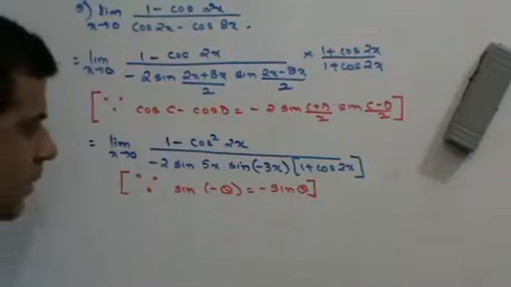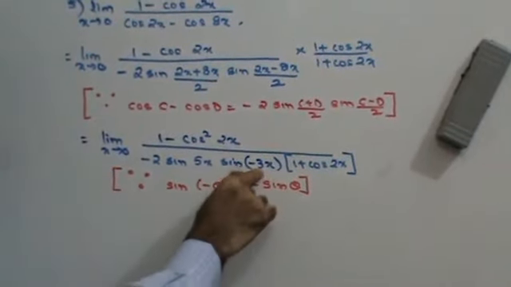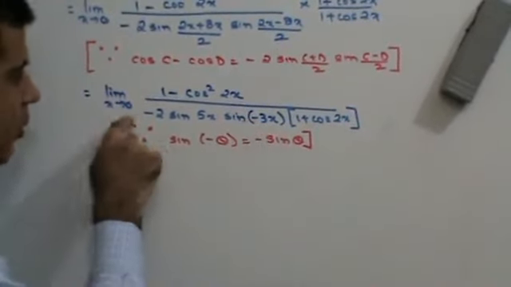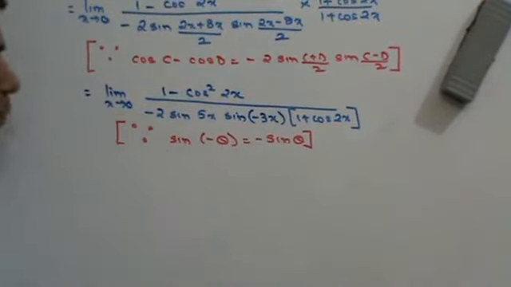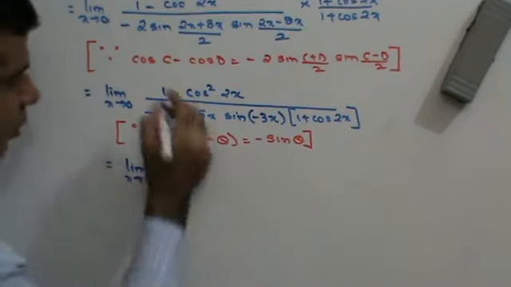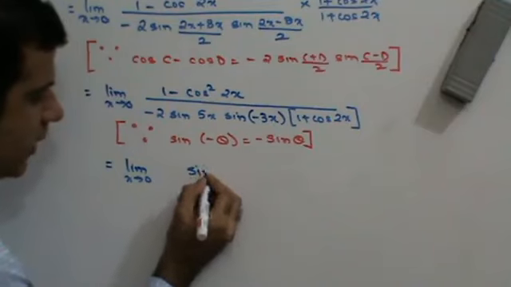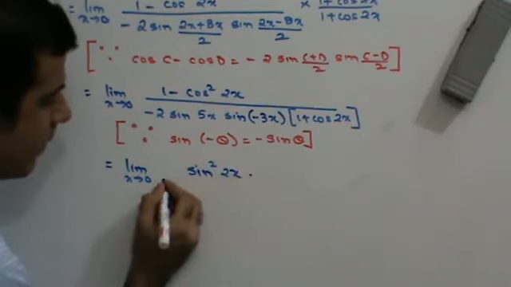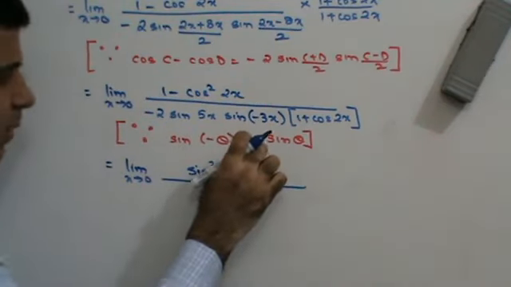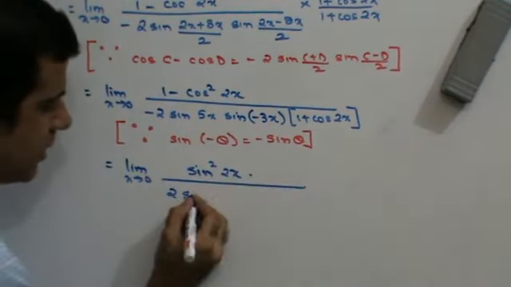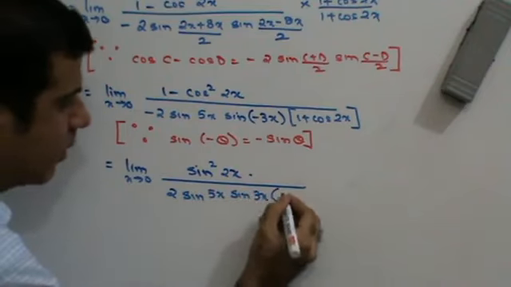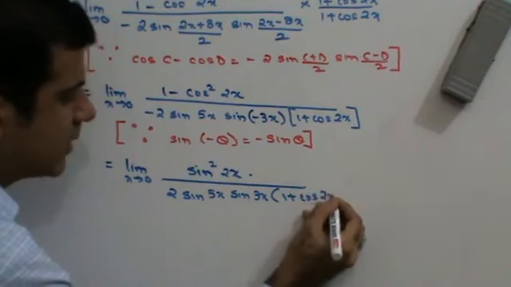That means sine of minus 3x is going to give me minus sine 3x. The minus sign that comes out multiplies with this minus sign to give you plus. So this is going to be limit of x tends to 0. 1 minus cos square theta is sine square theta. This minus sign and this minus sign I just explained to you, multiply to give you plus. Sine 5x, sine 3x, 1 plus cos 2x.